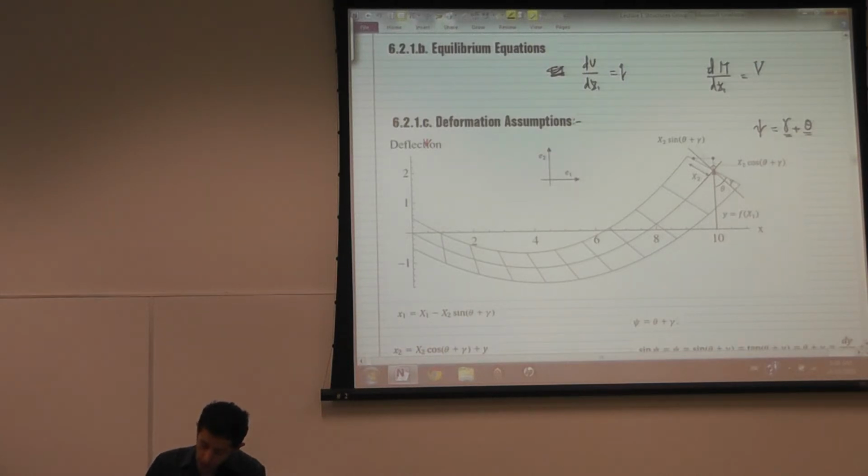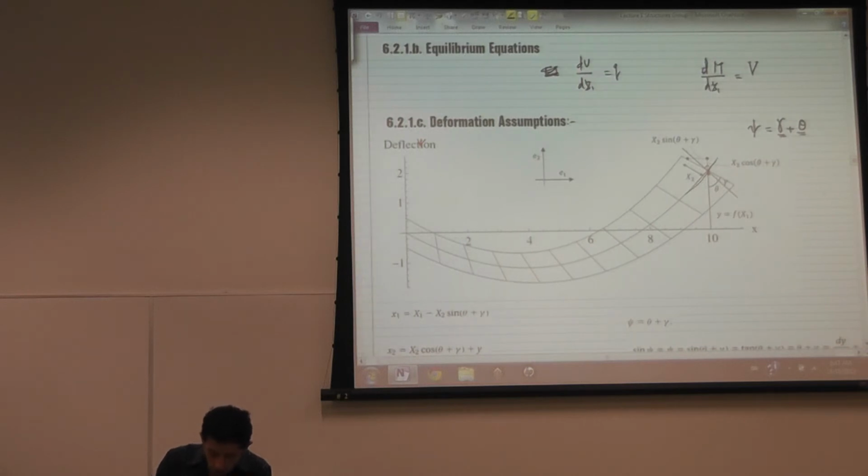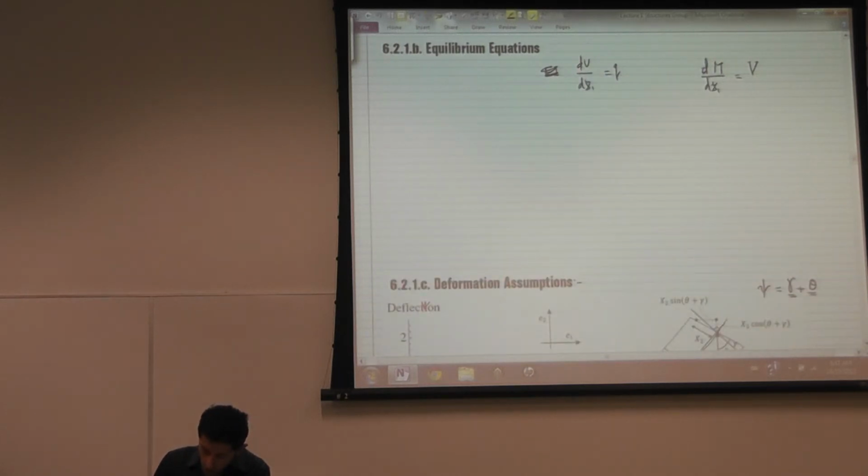So if the plane stays perpendicular to the neutral axis, then you get this angle. This is the deformation of the neutral axis.